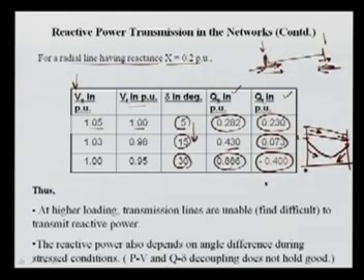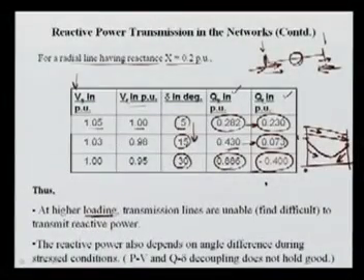So if your loading is increasing, this line is unable to transmit. Here the reactive power was transmitted, here it was almost not transmitted, the line is completely absorbing it. In this case, it is taking reactive power from both ends.